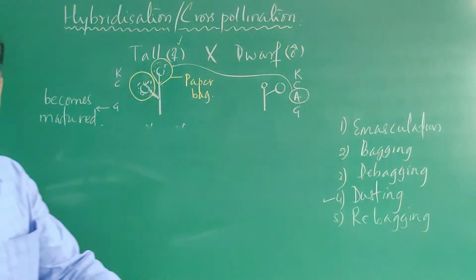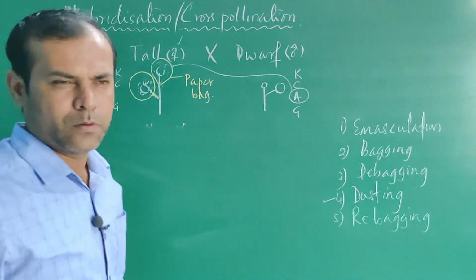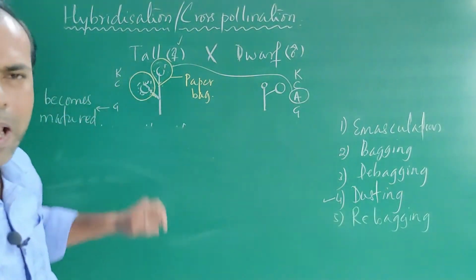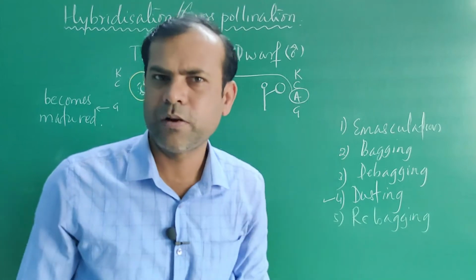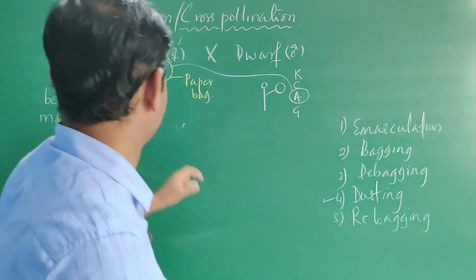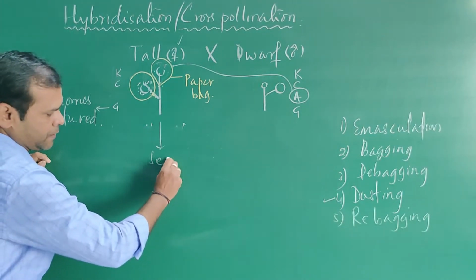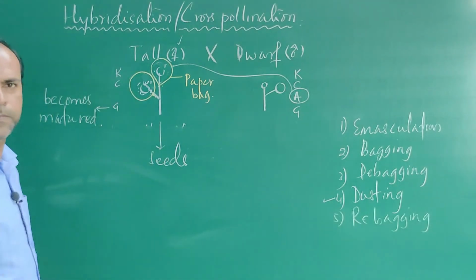Once you transfer the pollen grain on the stigma of this female plant, pollination will take place. Pollination results in fertilization, and fertilization results in seeds.